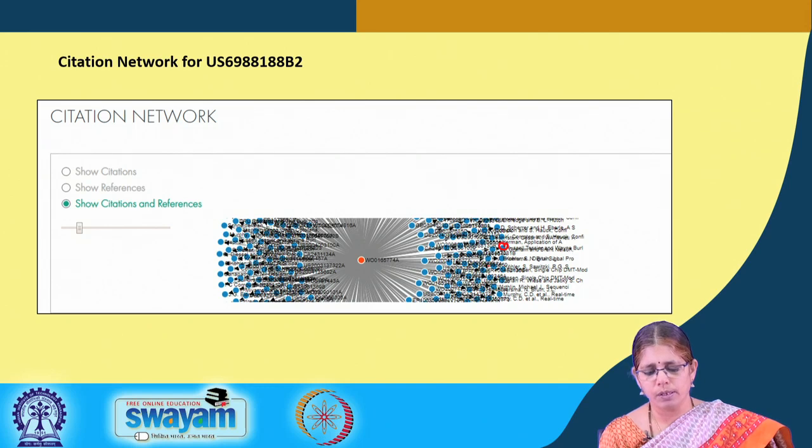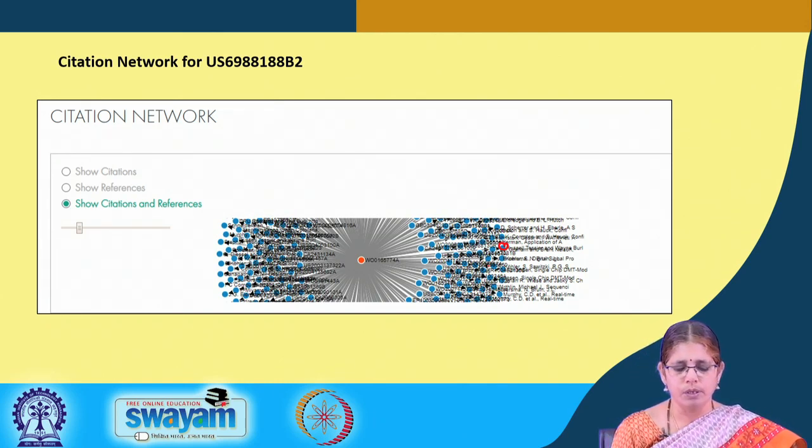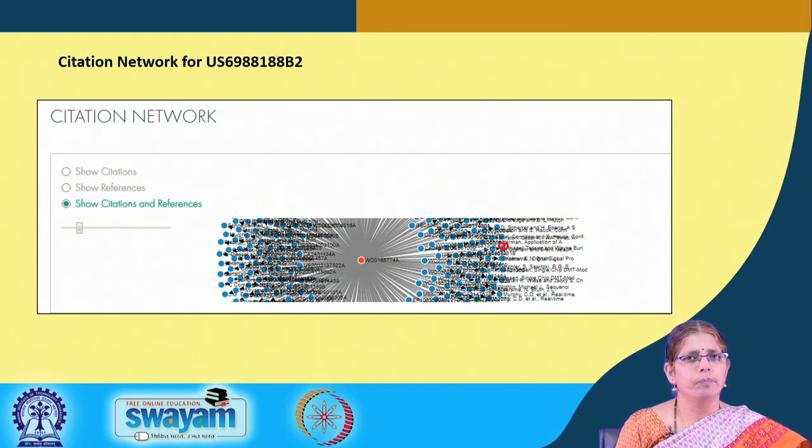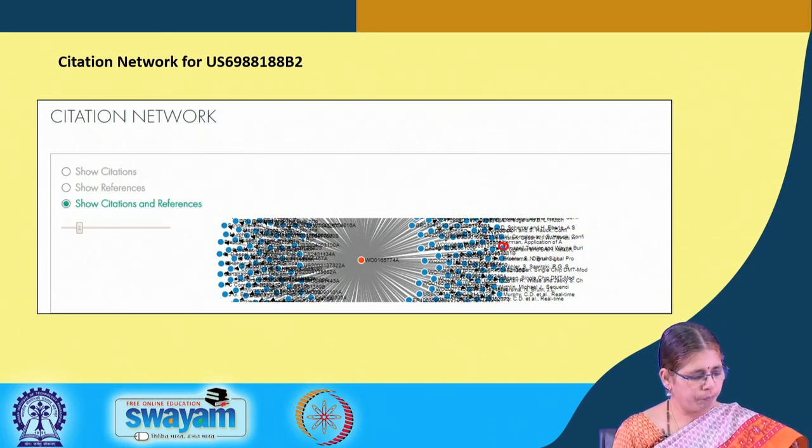One can understand the cluster of different patents that are there in relation to a given patent, and understand what the relationships are between this very US patent and other patents. So, having these kinds of visualization tools helps in understanding the entire citation network in relation to a patent.